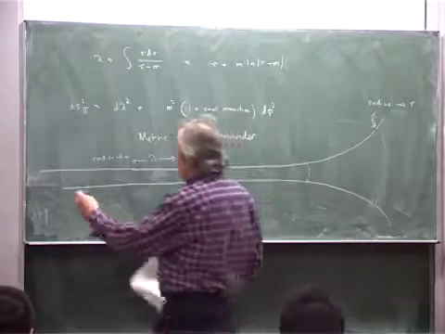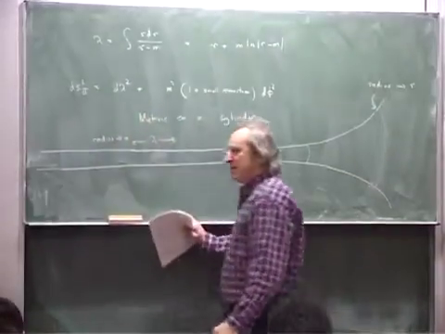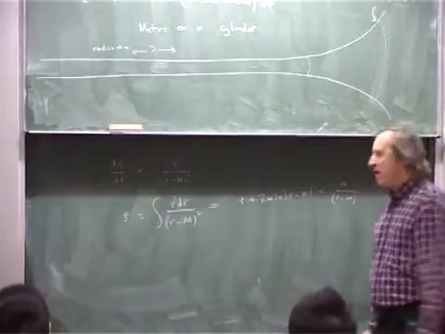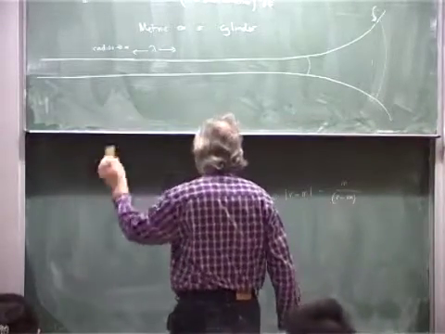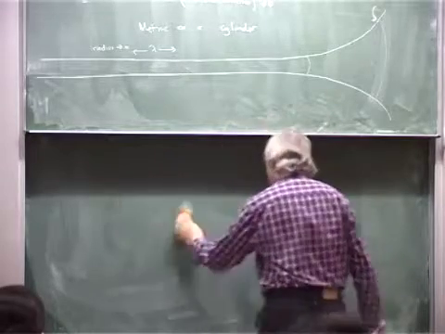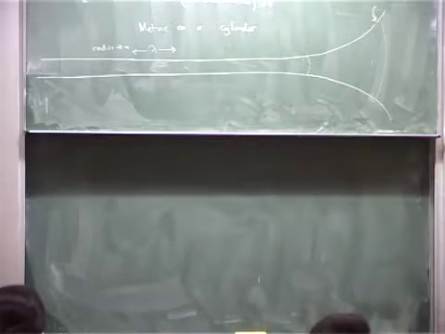So what this tells you is that if you go in a space-like direction, decreasing r, you will end up in an infinitely long cylindrical region, which is usually called an internal infinity.